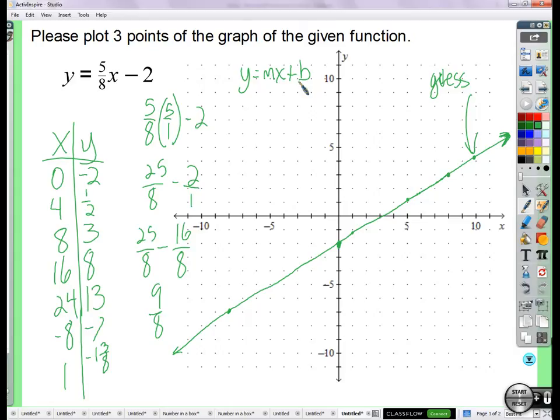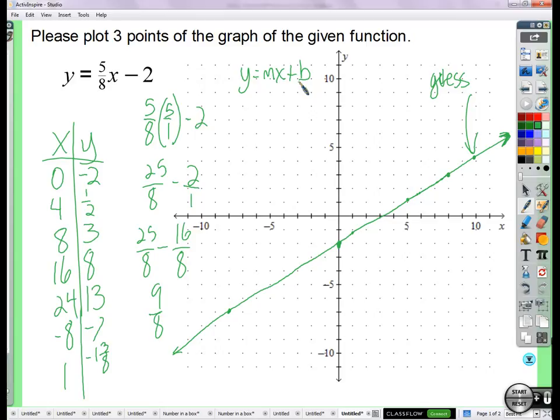How many points do you need to find in order to draw a line? 2. That's it. It's the least number that we could find. We could find more, but we'd just be redundant, finding more points that are on the line we could draw between the 2 points we find. We'll talk more about that in a minute.